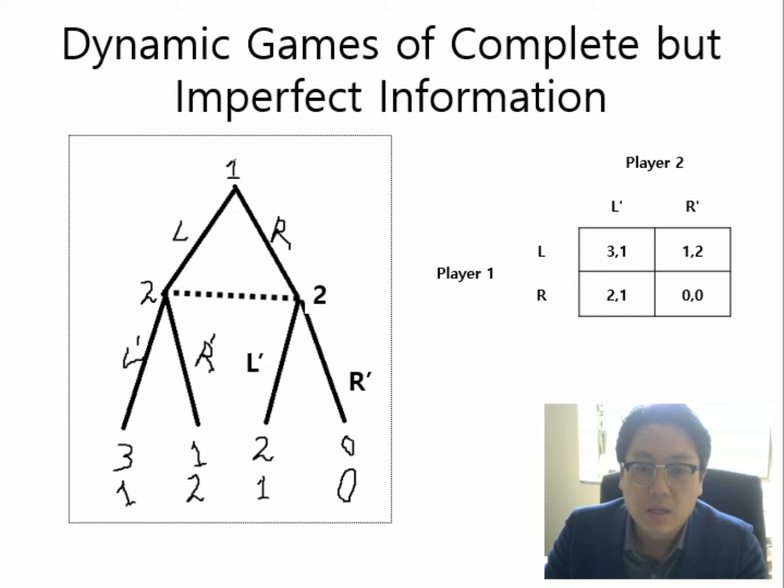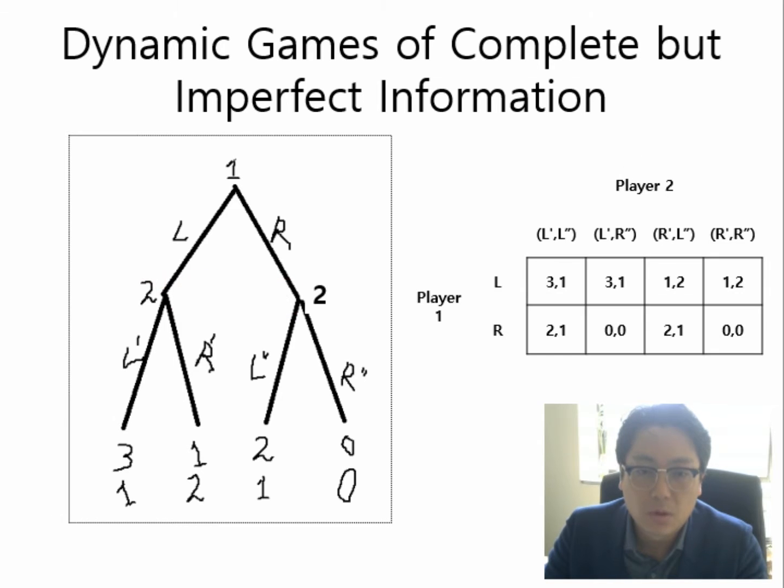One difference is that here is a dotted line, which means that at these nodes the player has the same information level. Previously, when you were playing this kind of game, the player here and the player here had different information.